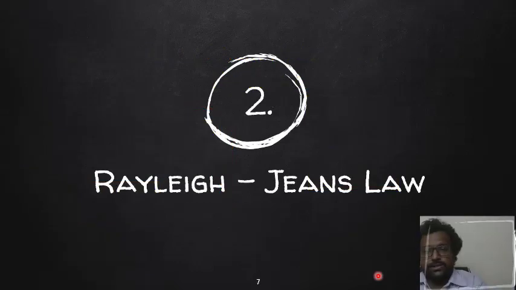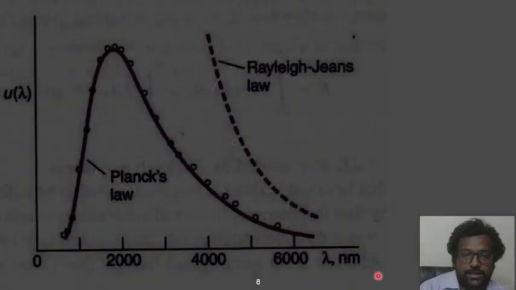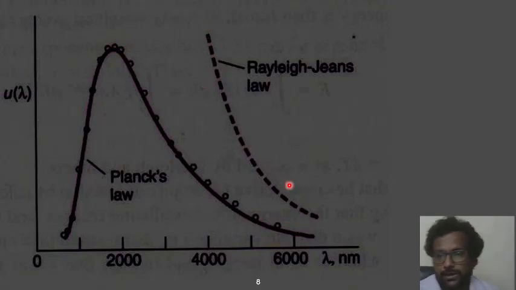So let's move towards our second relation, that is the Rayleigh-Jeans law. In the Rayleigh-Jeans law, this is the experimental result and this is the theoretical result. At very high temperature, our experimental result is supposed to coincide with the theoretical result. If you see, this portion at higher wavelength is similar to the curvature obtained from the Rayleigh-Jeans law.